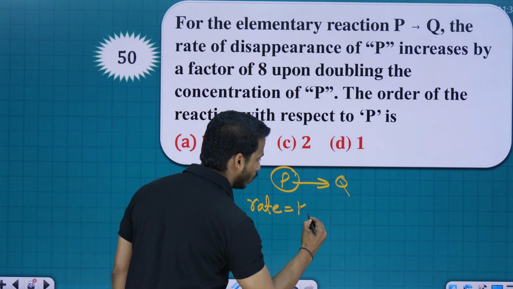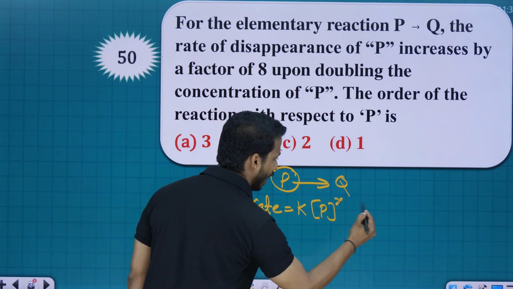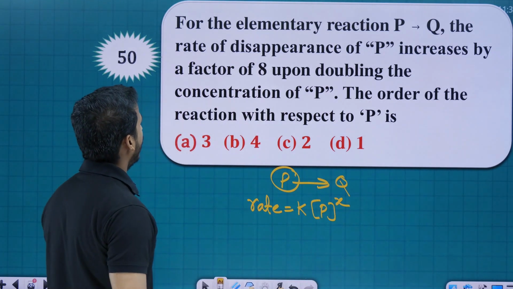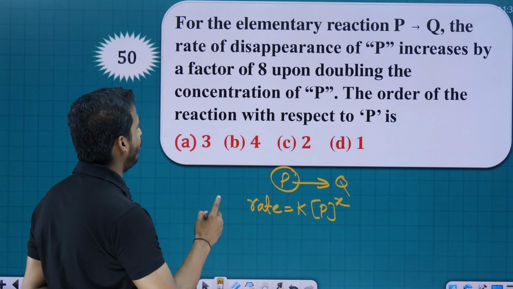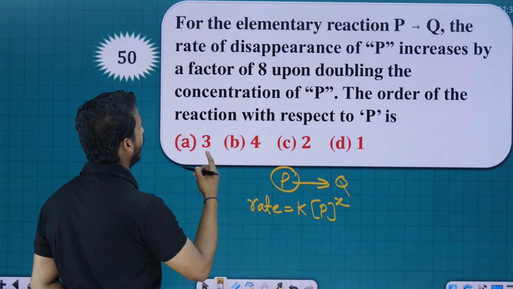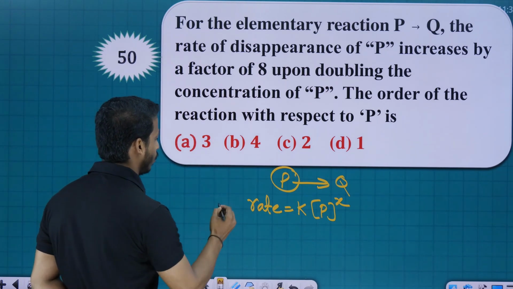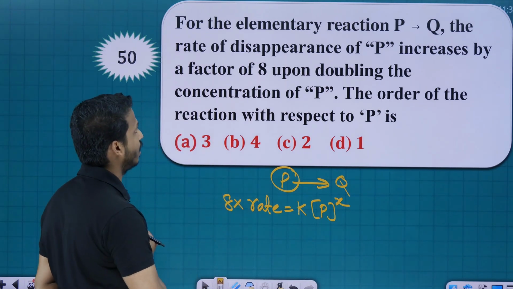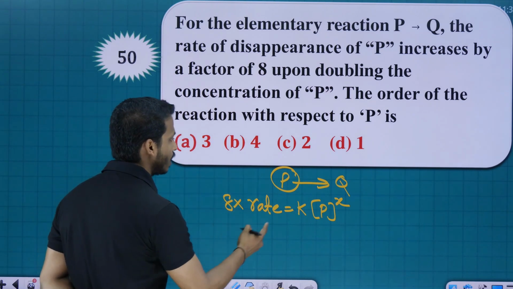First of all, rate equal to K into P raised to X. All right. What they're saying, the rate of disappearance of P increases by a factor of 8. Okay, 8 times it increased upon doubling the concentration of P.